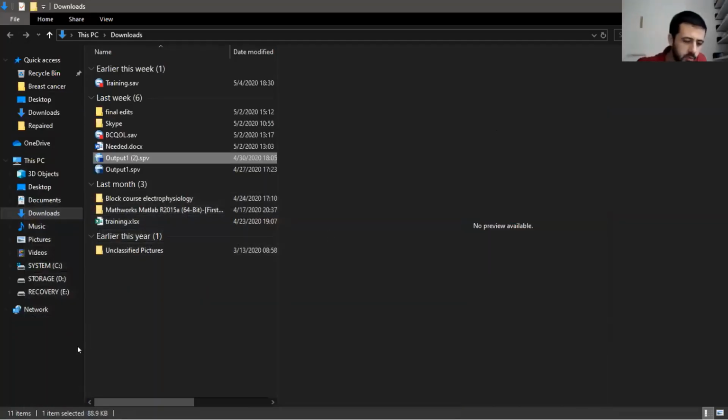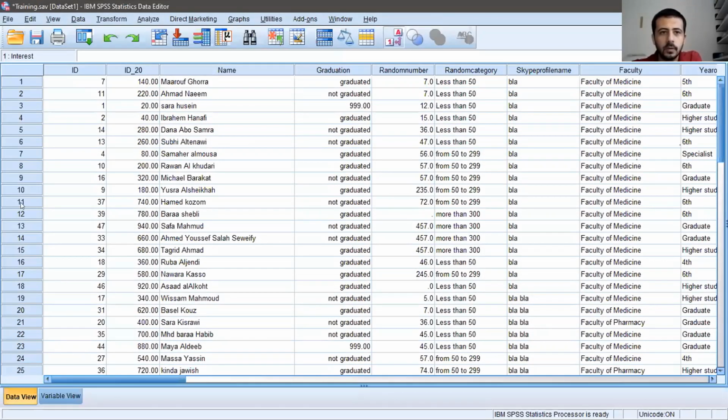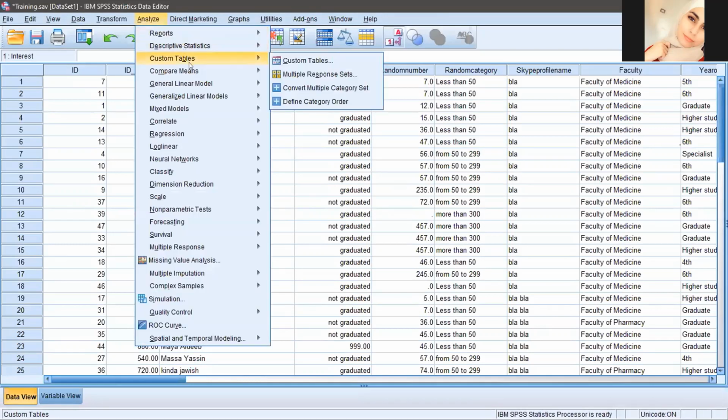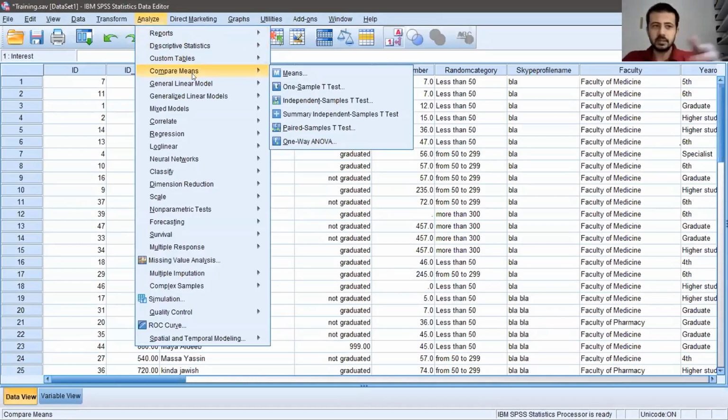Which option? Actually, I don't remember. Analyze, compare means. Don't mention that. It is about the version of the SPSS.